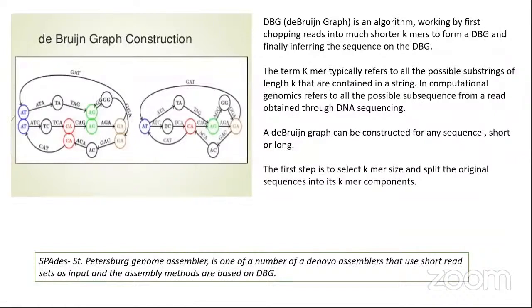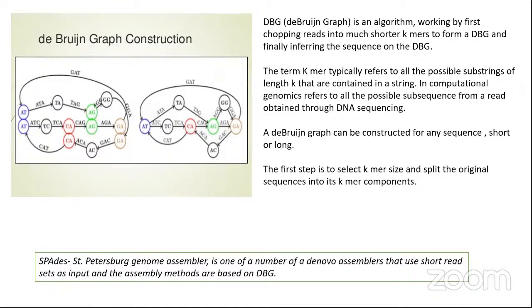So we often use De Bruijn graph construction for assembly, an algorithm that works by chopping the reads into short kmers to form the DBG, and finally inferring the sequences from this DBG. The term kmer typically refers to all possible substrings in computational genomics, that is, all possible sequences from the read obtained through DNA sequencing.